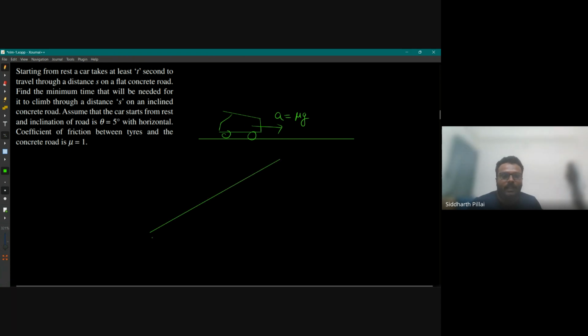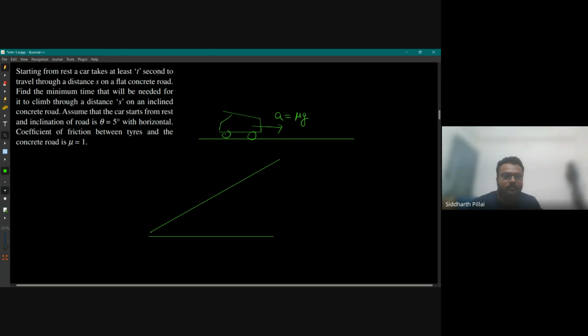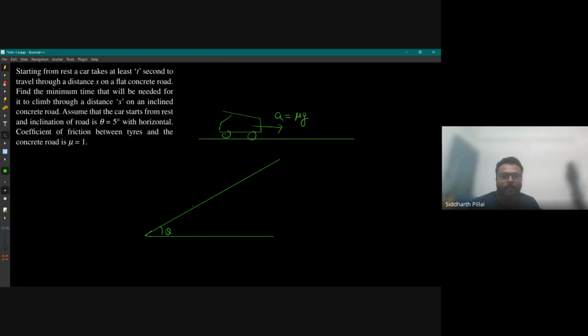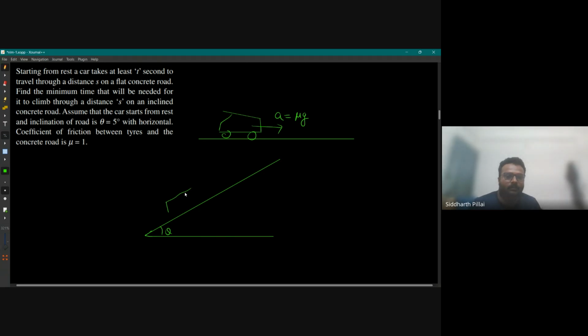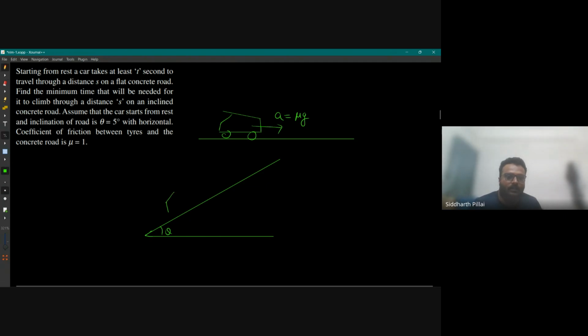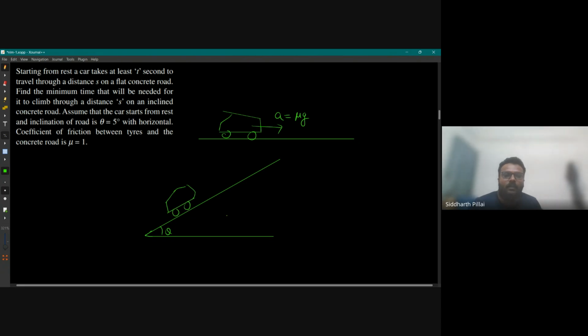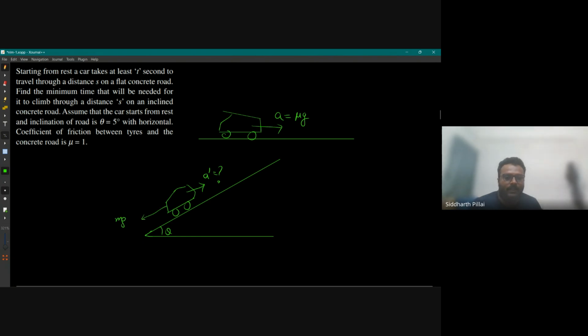So on an inclined plane, which makes some angle theta, what would be that maximum acceleration for minimum time? Again, just assume some box. Let's call the acceleration a prime. The downward force you have is mg sine theta.